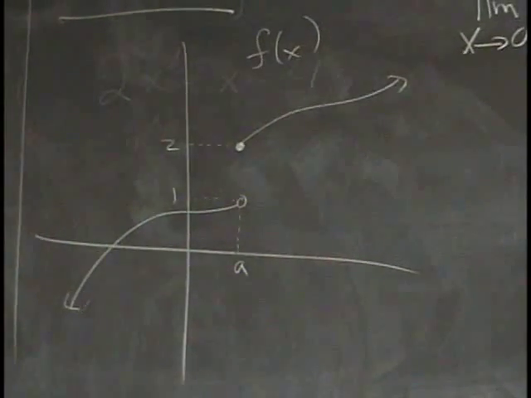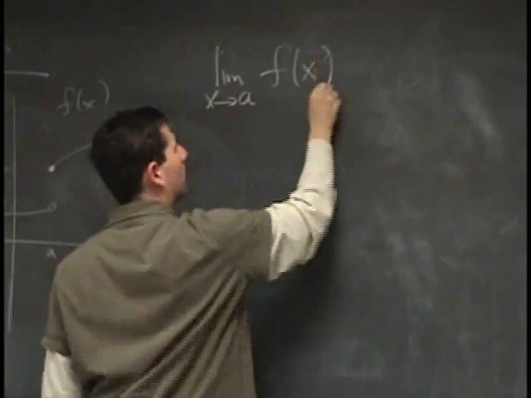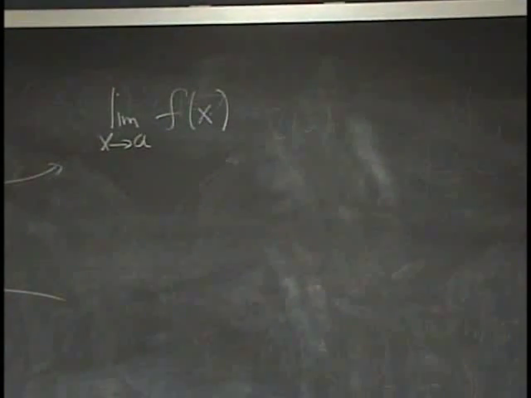And then we define the notion of a limit, at least in an intuitive way. The way we did it was by defining first a one-sided limit, and then using the one-sided limits to get the limit.